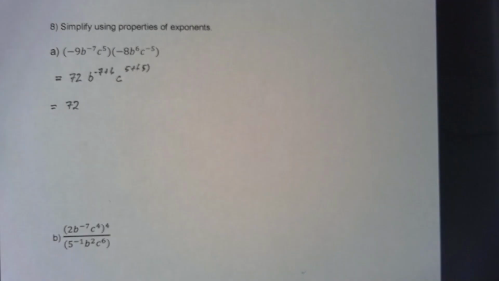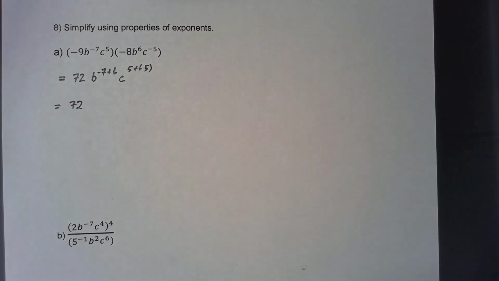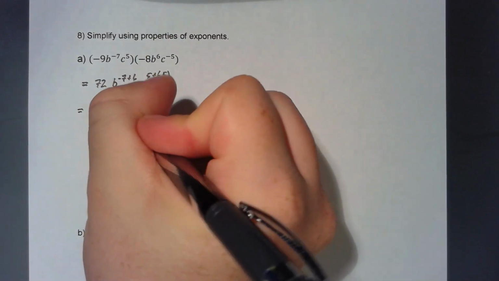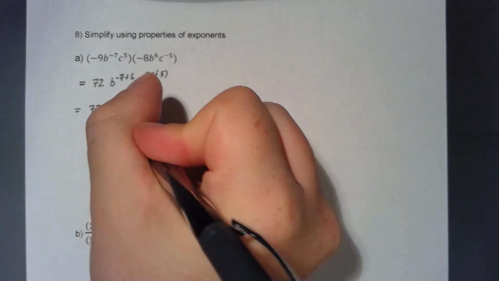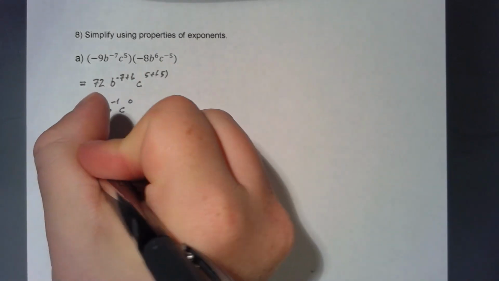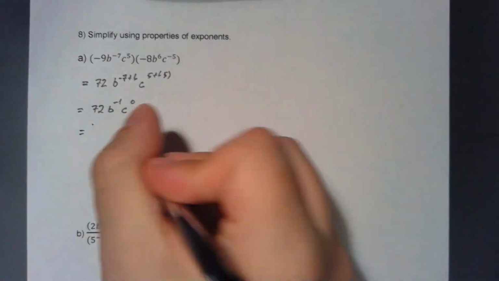So 72. So the power of b is going to be, so negative 7 plus 6 is negative 1. And the power of c is going to be, well, 5 minus 5 is 0. Right? So when you simplify this, right, this is all over 1.